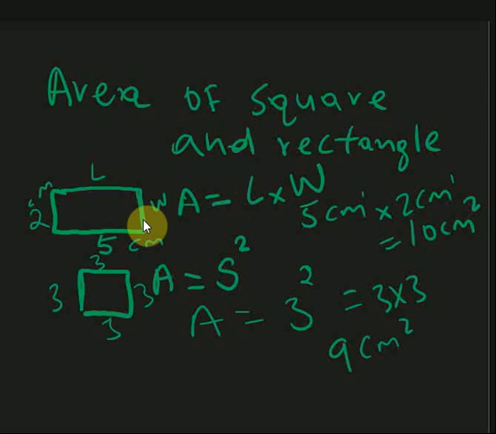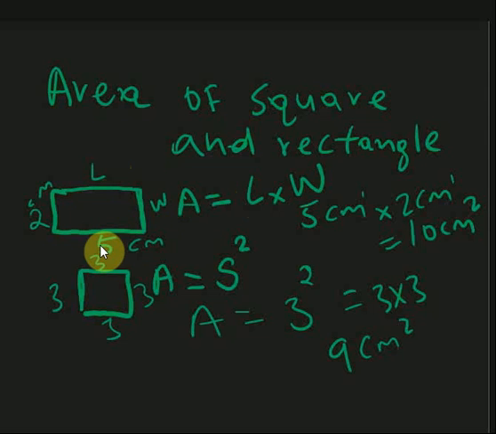This is what we call width, and this is what we call length. So you multiply this side by this side. When we did the perimeter, we added all the sides. Now area is different. You multiply only the width times the length.